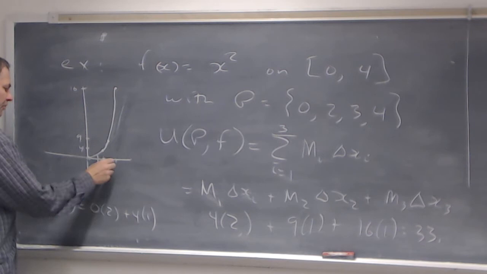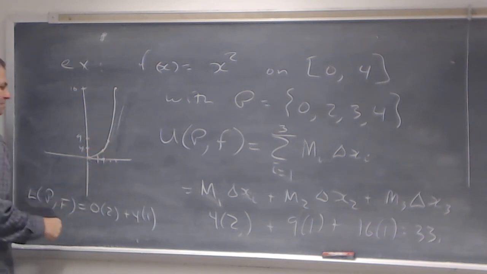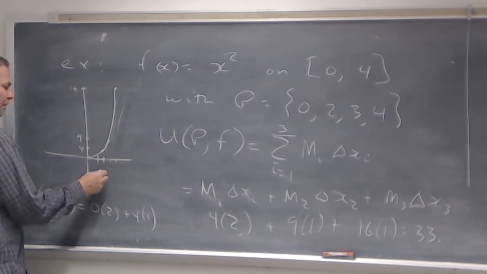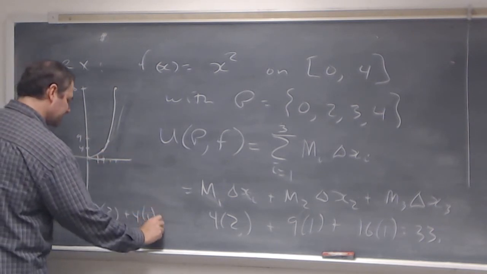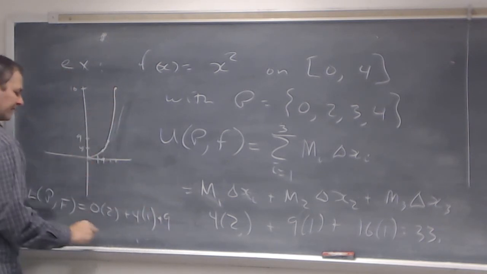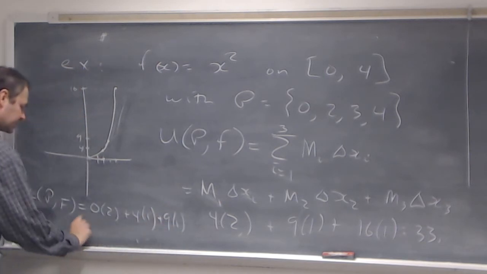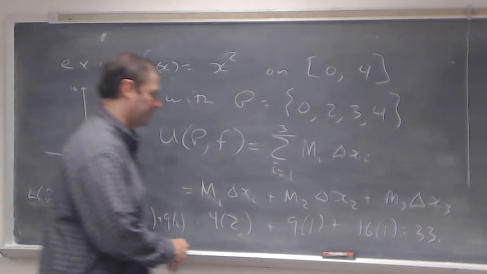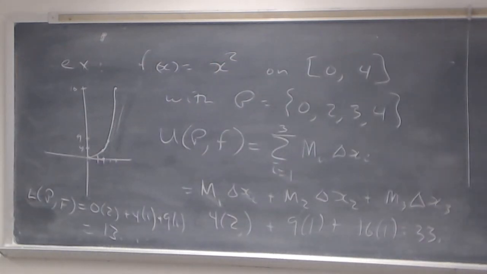Over the subinterval from 3 to 4, the smallest output value is 9, times 1. So that's 4 plus 9, which is 13. So that's an example of the upper and lower sums.